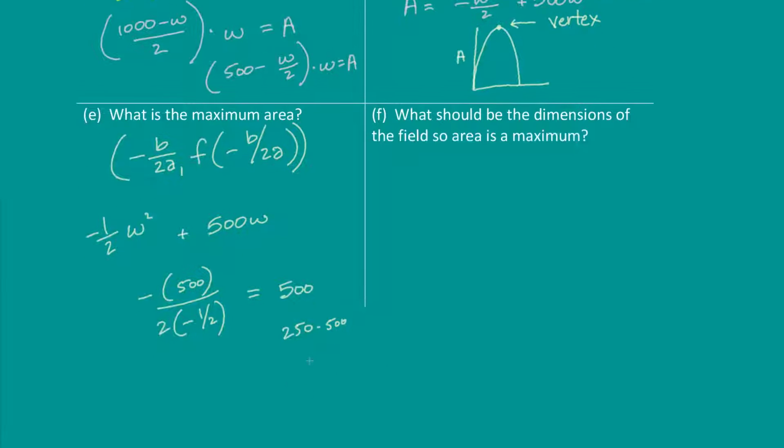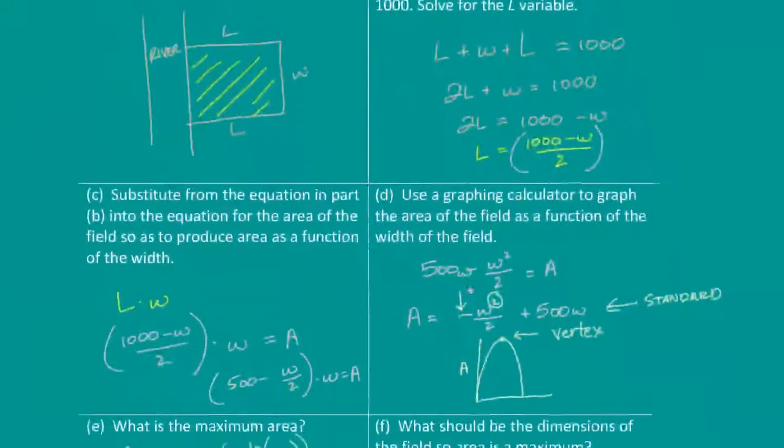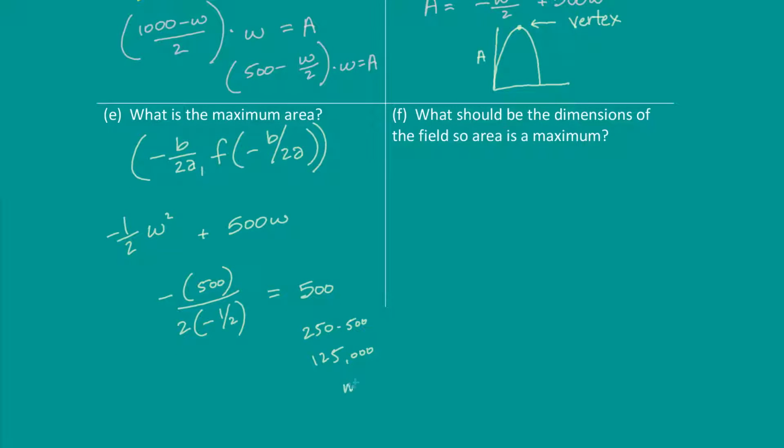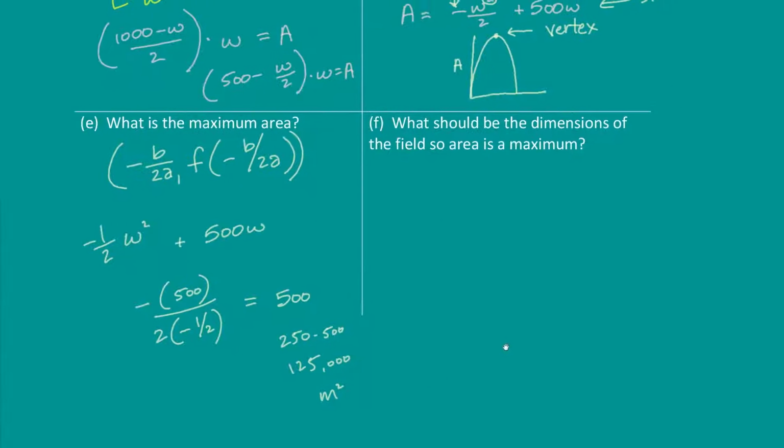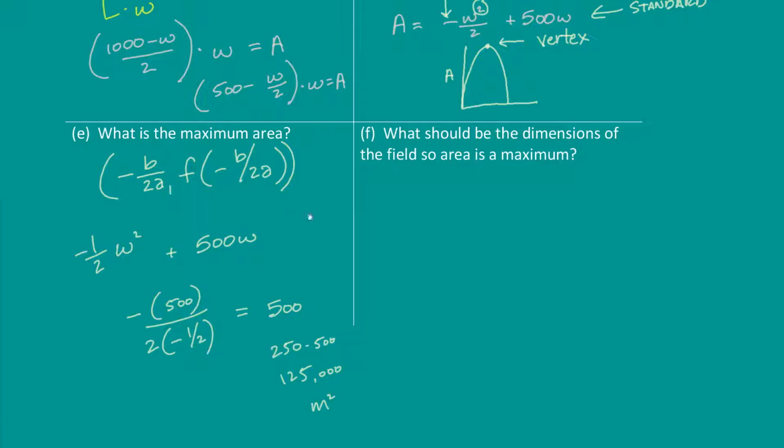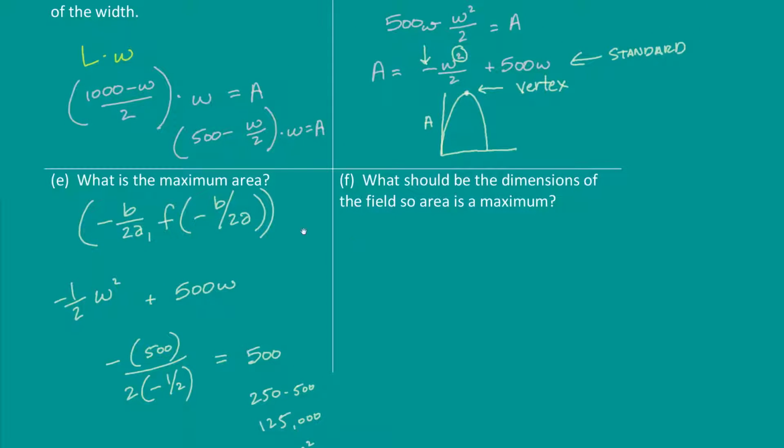And that should be 125,000. That's 125,000 square, what are we dealing with? Feet, I believe. Meters, square meters. So what are the dimensions of the field? So the area is maximum. Well, kind of went reverse on this example. They wanted you to potentially use a calculator and find your maximum area by identifying the vertex using the maximum feature for graphing.